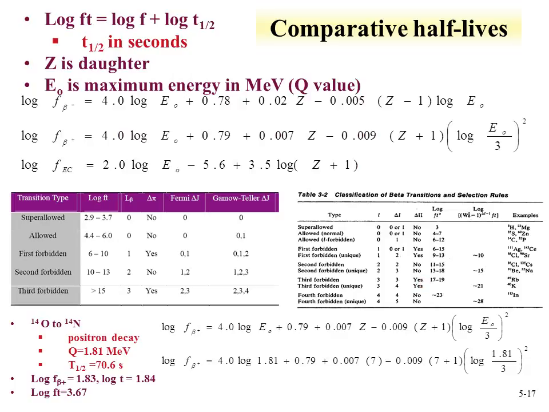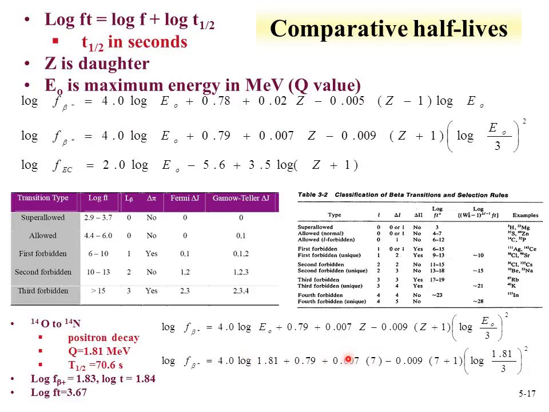Now we can use these equations to calculate some log Ft values. Let's go for the positron decay of oxygen 14 to nitrogen 14. The Q value for this reaction is 1.8 MeV, and the half-life is 70.6 seconds. So if I take my positron equation here, and now I plug in my values for the decay of oxygen 14, the Z is now the Z of nitrogen.